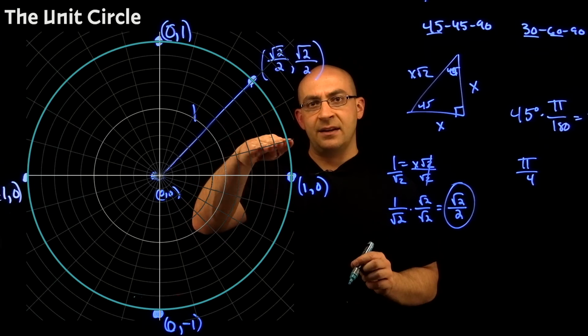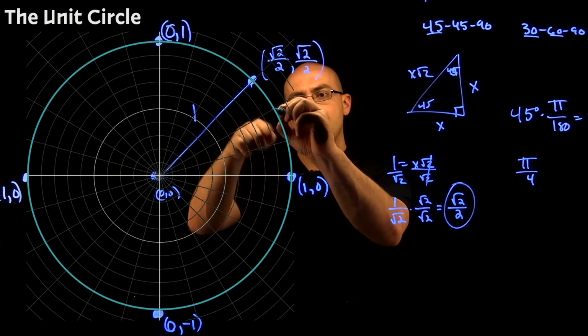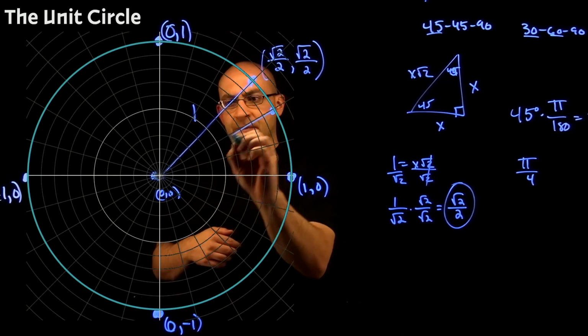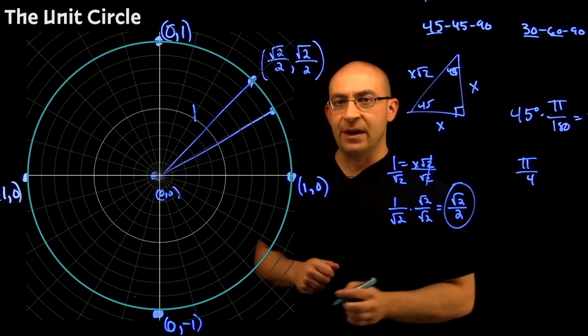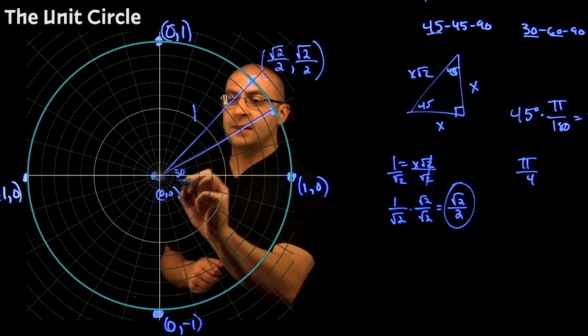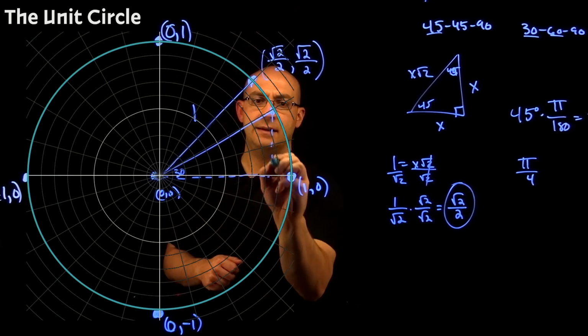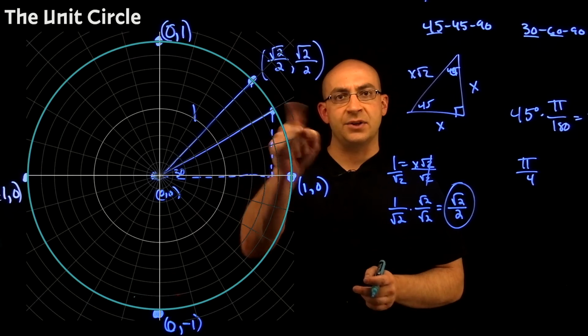Every single tick here is going to be increments of 15. That means this measurement here, from this dot to the origin, these aren't bad, by the way. This is going to be a 30-degree angle. So, I need to follow the same steps in order to find this coordinate pair.